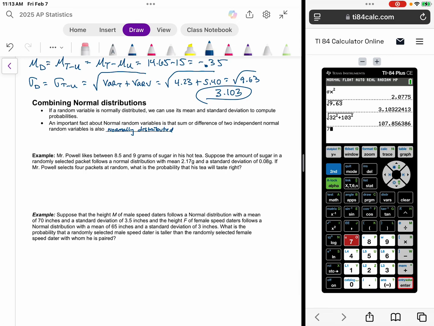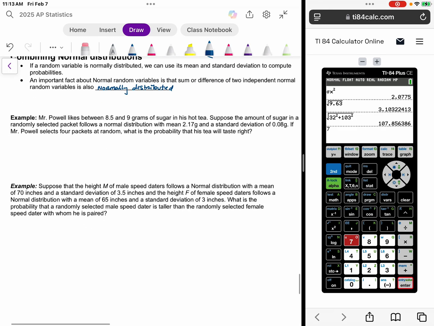So if a random variable is normally distributed, we can use the mean and standard deviation to compute probabilities. An important fact about normal random variables is that the sum or difference of two independent normal random variables are normally distributed. So we have two examples to go through. We have Mr. Powell as our subject in the first one. Mr. Powell likes between 8.5 and 9 grams of sugar in his hot tea.